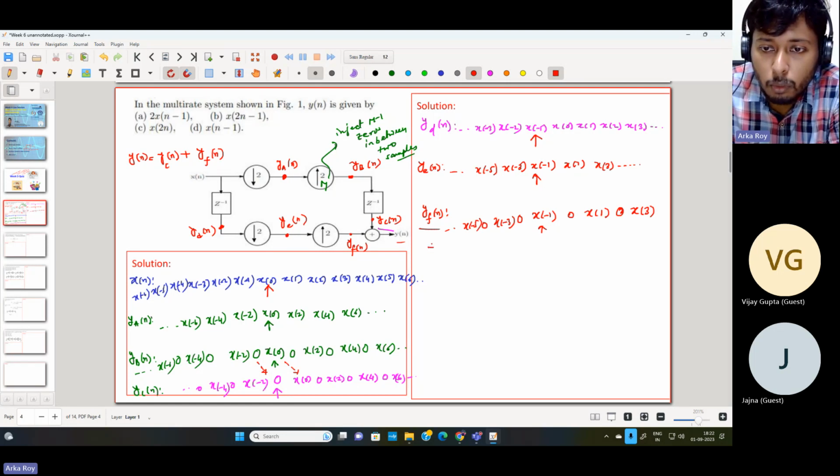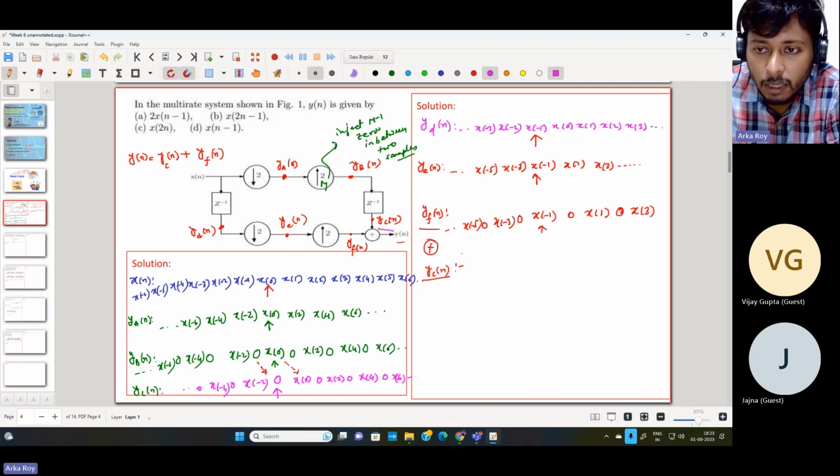So now we need to add YF of n and YC of n. Let's write YC of n just below YF of n for better clarity.